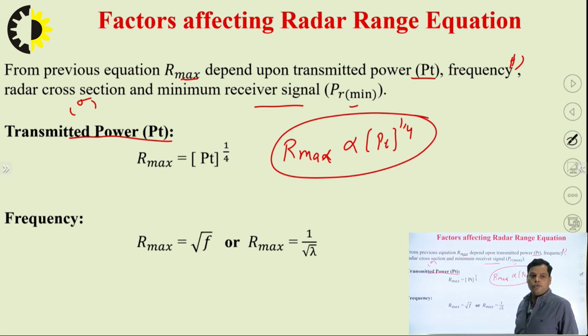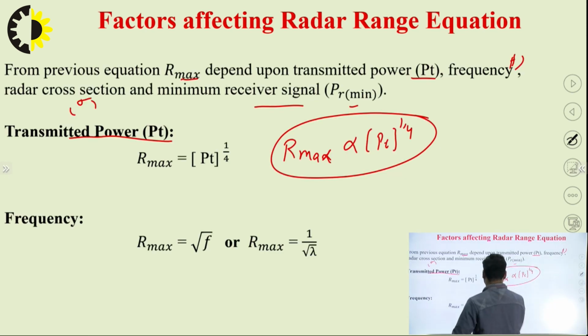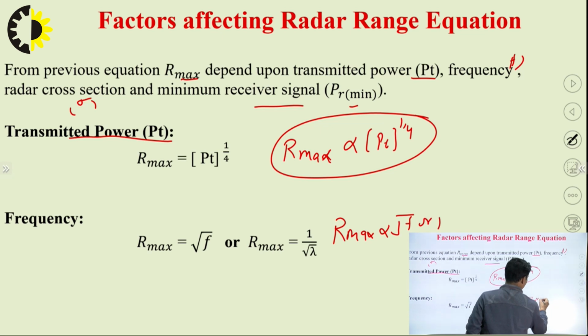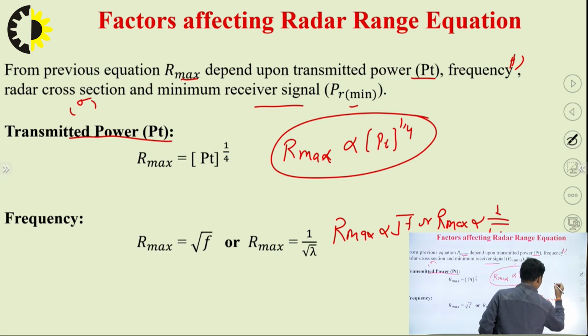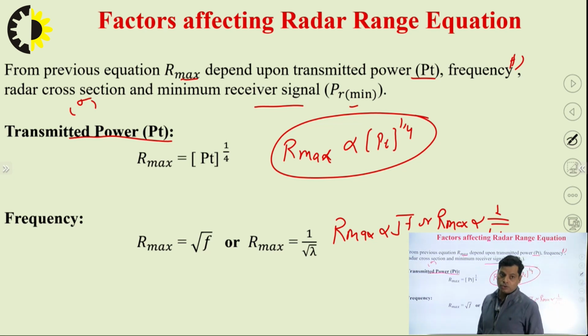Next one, that is the frequency. As you can see, R max is proportional to the square root of f, or R max is proportional to 1 by square root of lambda. That is one important thing that we have to take into consideration.